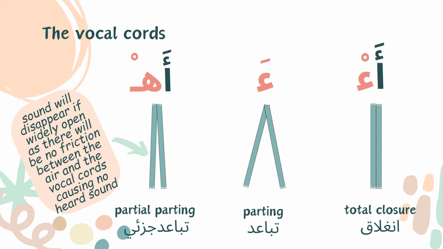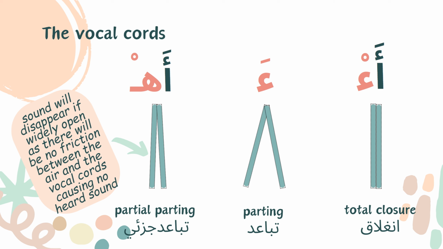So by parting, by spacing of the two vocal cords, I was able to pronounce the Hamza fatha. And by the total closure of the vocal cords, I was able to pronounce the Hamza sakina. So what is meant by parting?